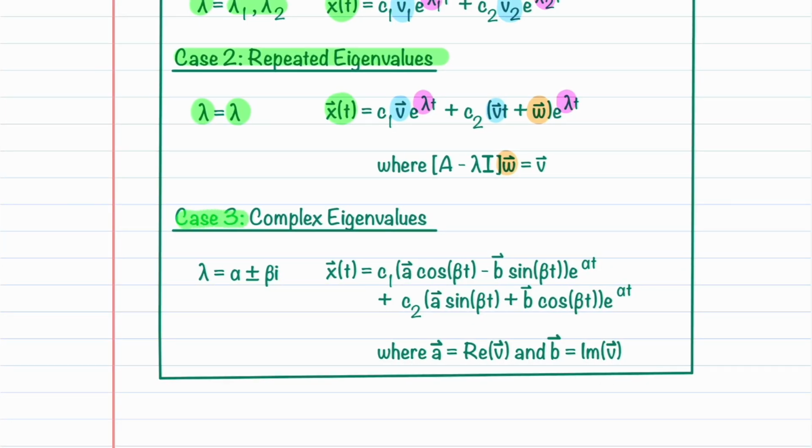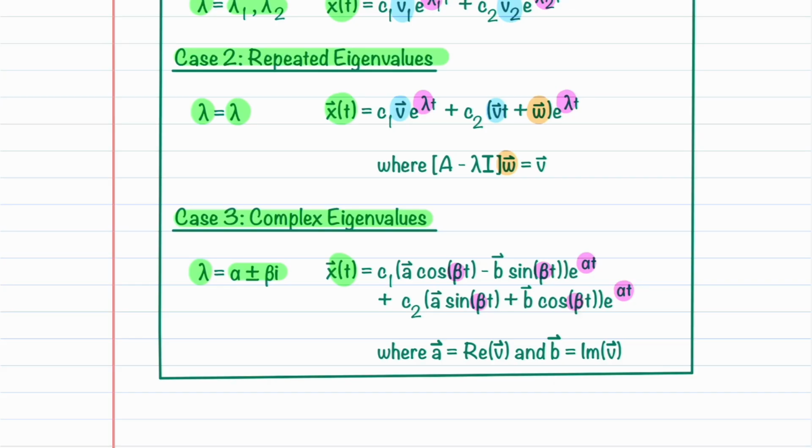The last case is where we have complex eigenvalues, and we're going to let lambda equal alpha plus or minus beta times i. Here's what our solution looks like. Let's start with the exponent. Alpha is up here in the exponent, and then beta is in the trig functions.